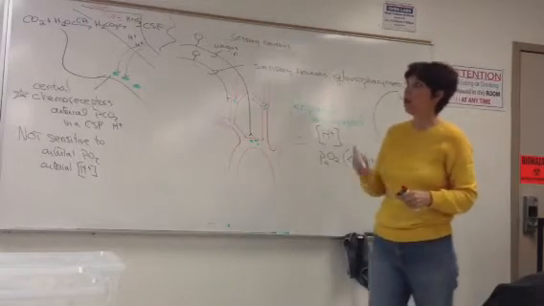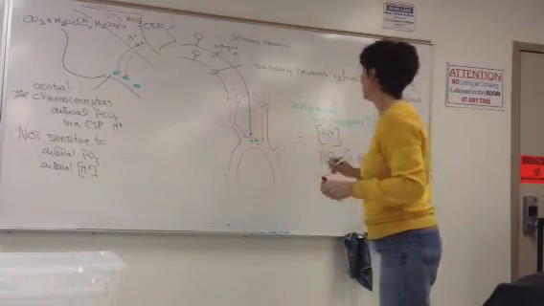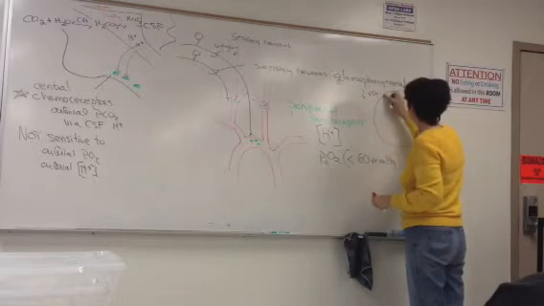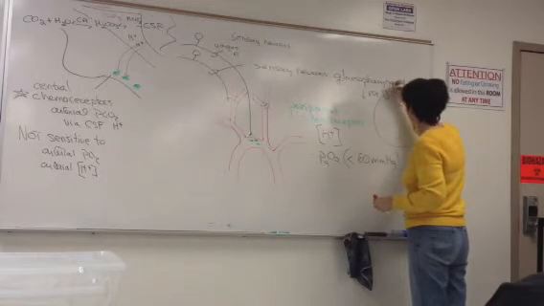So when there is low oxygen, a decrease in PO2 causes potassium channels to close.